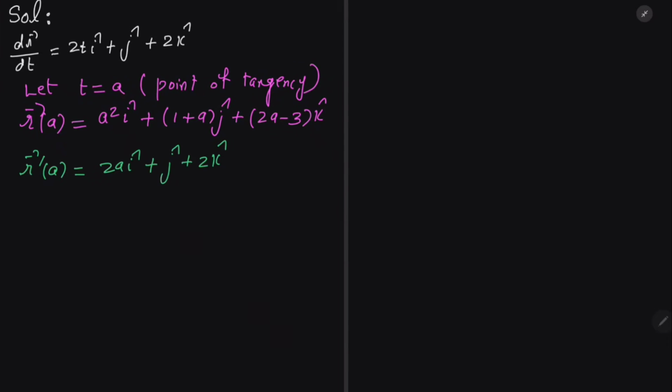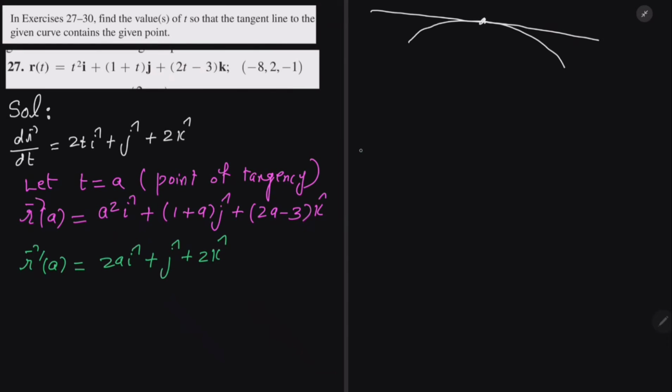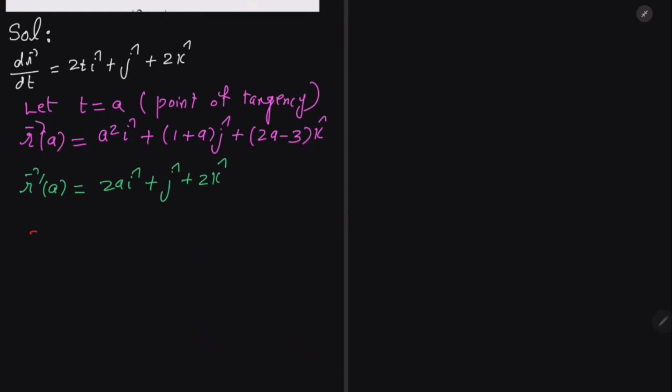Now, what is the parametric equation? Remember that we need to find the parametric equation. I will talk about that later on, why we needed it. So the parametric equation is x equals a squared plus 2a, and remember that there was t in the previous question, but t has already been used. So we need another parameter, which is probably s. You can call it another name.